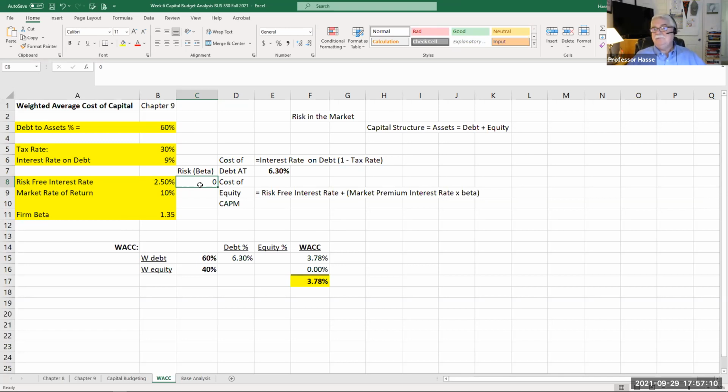That's the risk-free rate. Then, if Rudy comes to me and says, Mr. Hasse, no way, Jose, am I getting 2.5%. I want to make more money on my money. I want to buy into the stock market. Can I get into a mutual fund or an ETF or a fund that invests in the stock market with a beta of 1.0?